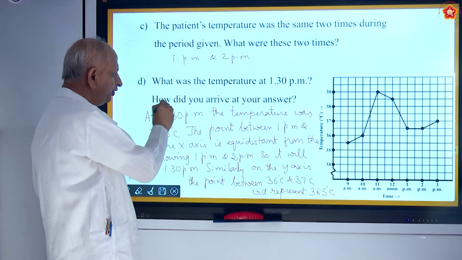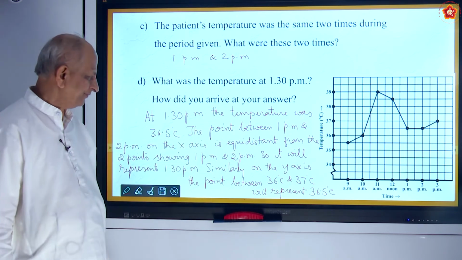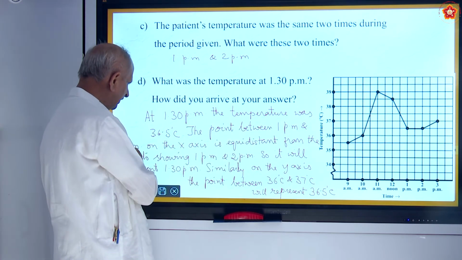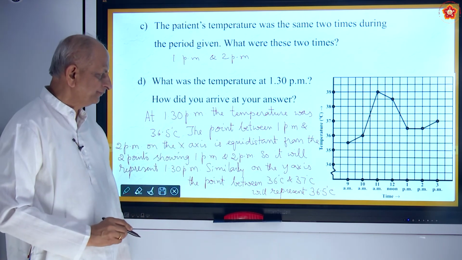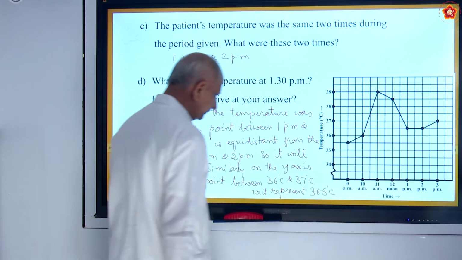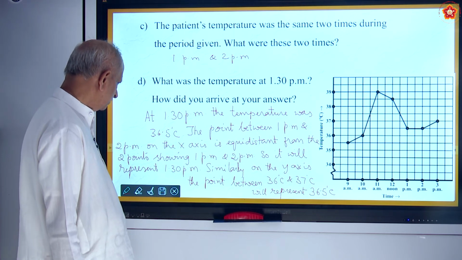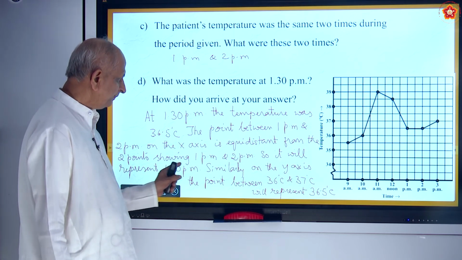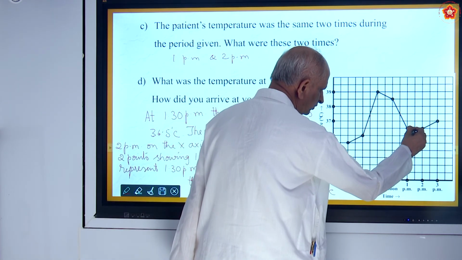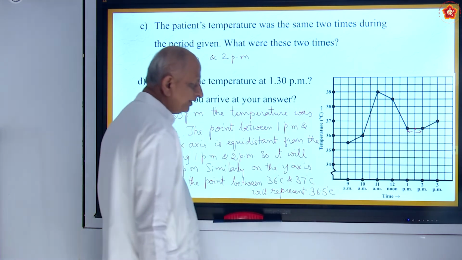Now they are asking, how did you arrive at your answer? Means you must give a reason. The reason is, the point between 1 p.m. and 2 p.m. on the x-axis is equidistant from the 2 points showing 1 p.m. and 2 p.m. So this distance and this distance here are the same on the x-axis.